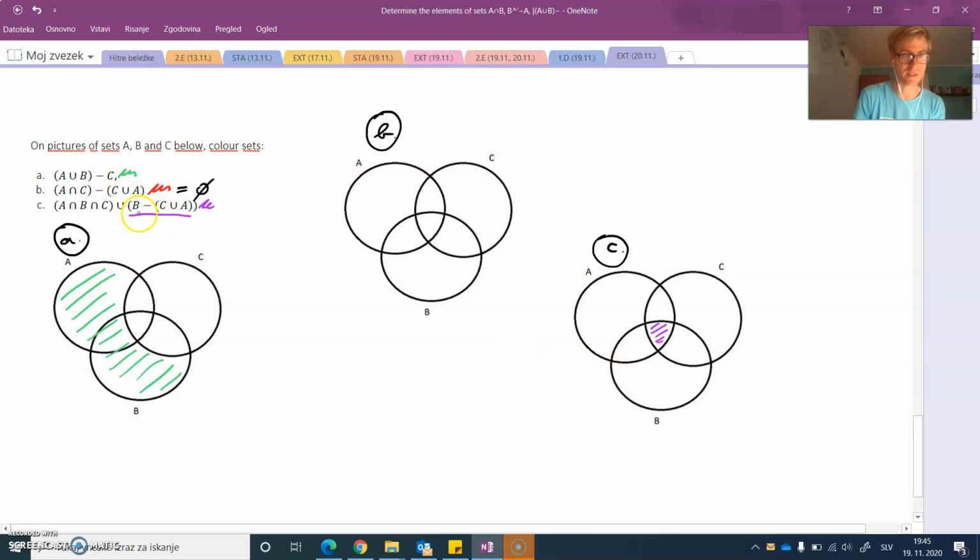You see, those are elements that B has, and neither A or C do, meaning the elements that only B has. That would be this one here. And you see there's a union in between, so this is the set that we were searching for. Okay, and that was it for your last homework.